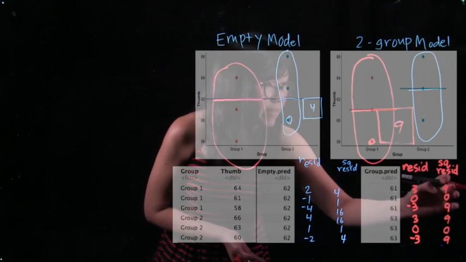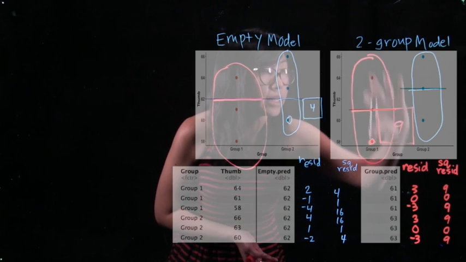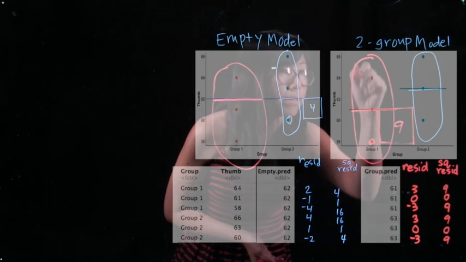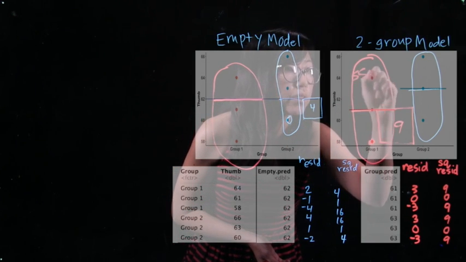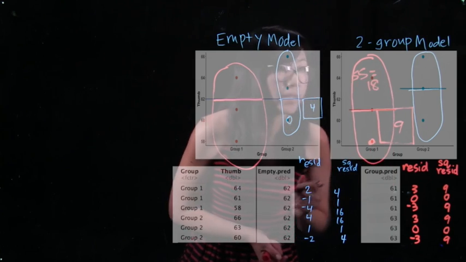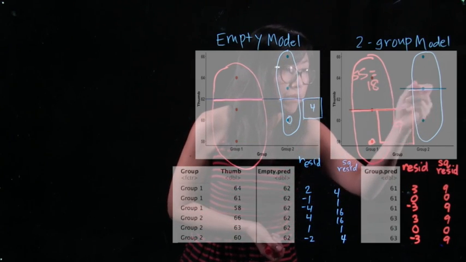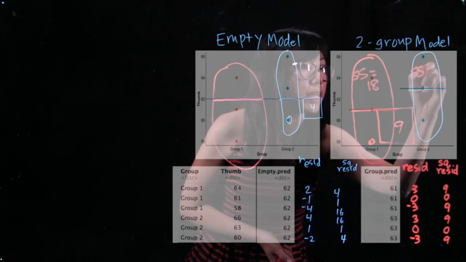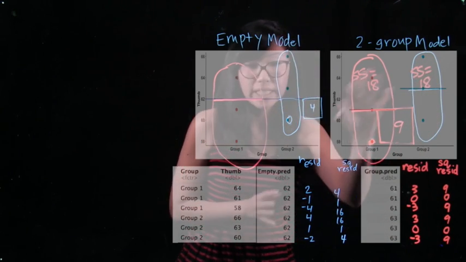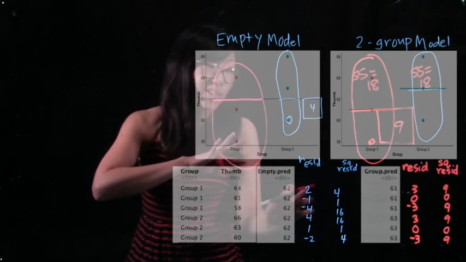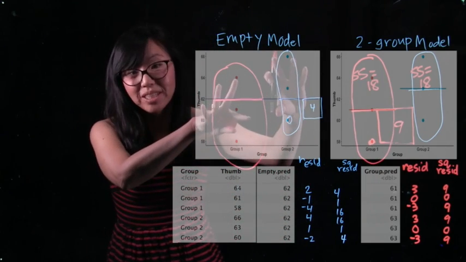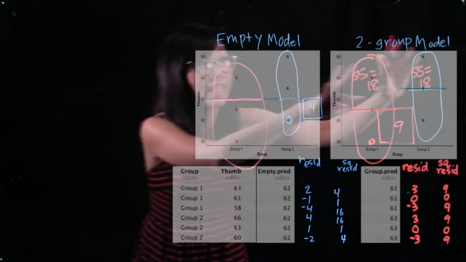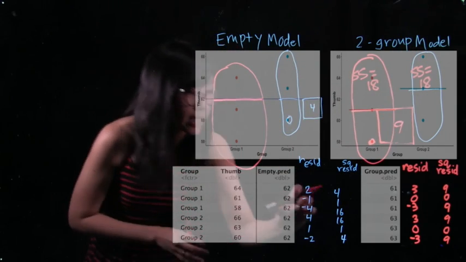And so here we have 18 is the sum of squares for this group. And the sum of squares for this blue group over here is also 18. And so it's 18 and 18. And then what I told you was that these two sums of squares would be bigger than these two sums of squares. So let's see if that's actually true.